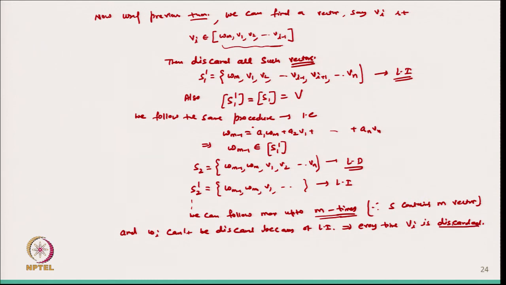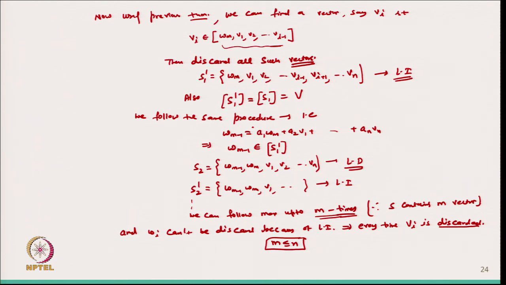So, from here I can say that if I follow this one, then definitely m will be less than or equal to n, because we start with the n elements in that set and then adding one W m, it becomes n plus 1 elements, and then we start removing the elements to make it linearly independent. And then again we are putting one element and discarding other elements.